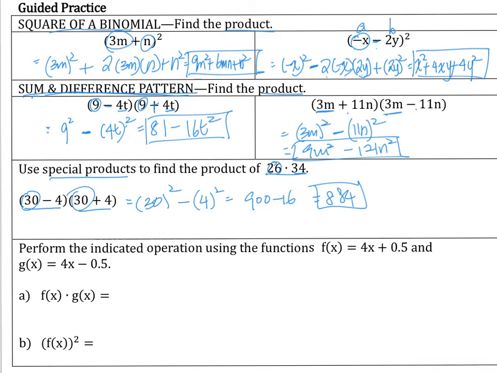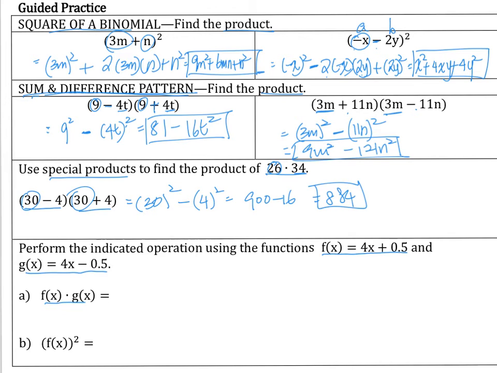Okay, now we have to perform the indicated operation using the functions f of x equals 4x plus 0.5 and g of x equals 4x minus 0.5. Now part 8 wants you to multiply f of x to g of x. So I can substitute f of x for 4x plus 0.5 and substitute g of x for 4x minus 0.5.